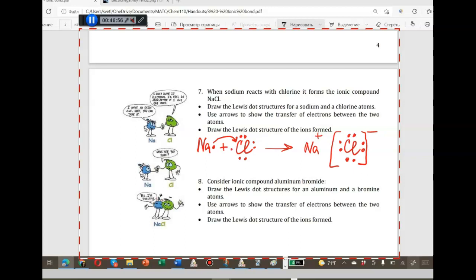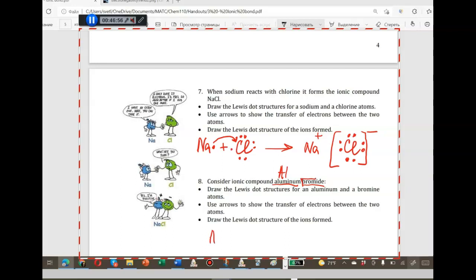So the next one, consider the ionic compound aluminum bromide. So we need aluminum, right? Bromide, and you can see the IDE ending, but the same beginning, brom.